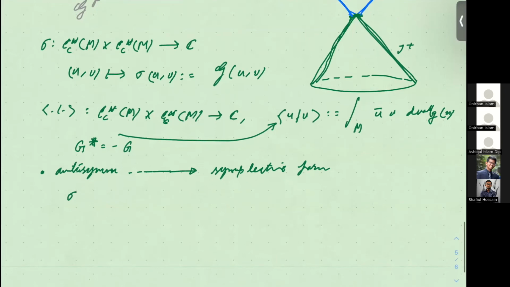Because sigma can vanish. To have a symplectic form, you need non-degeneracy, and this non-degeneracy is not here. So you can't have a symplectic form; rather you have something called a weak symplectic form.